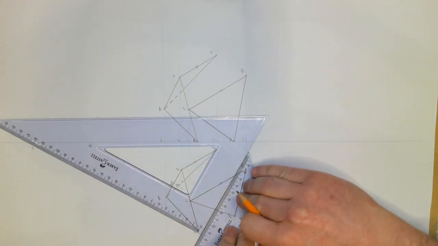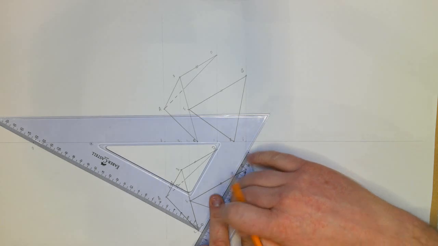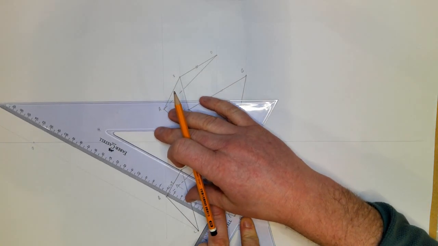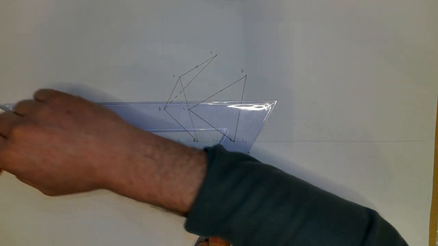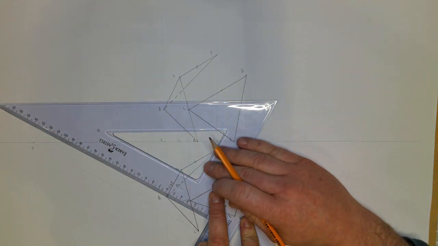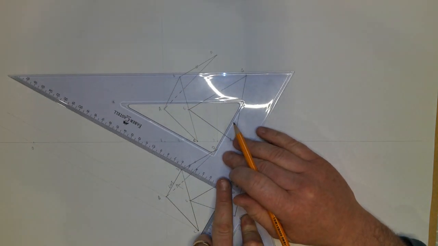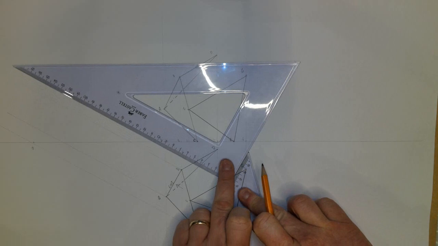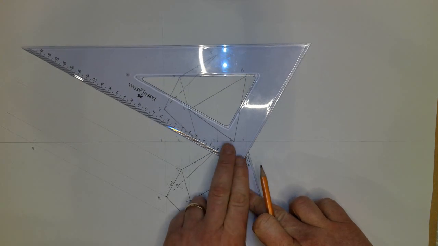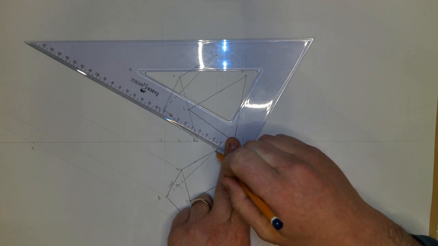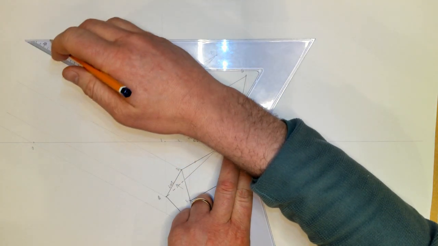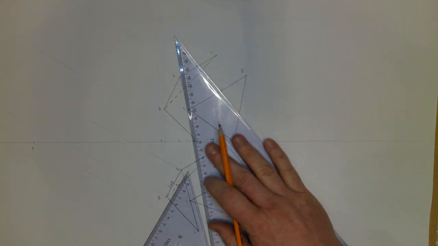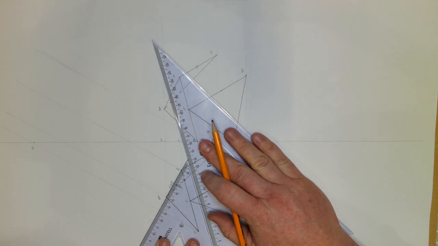Set up that we can project point C, point A, point B, and point D. Set up an X1, Y1 line.